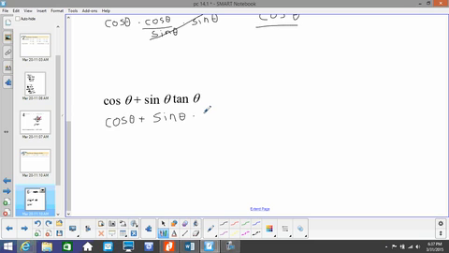Tangent is sine over cosine. So when I simplify that, I'm going to get cosine theta plus sine squared theta over cosine.